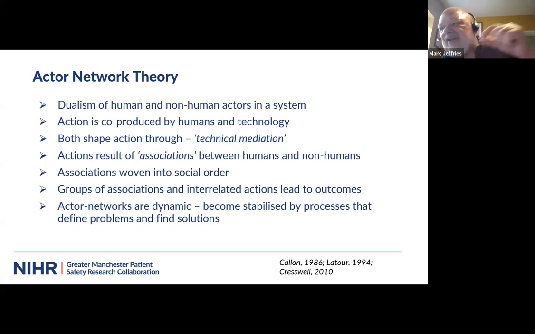That way, the action is not simply a property of human beings, but the combination of human and non-human agents in this system that Latour refers to as associations. And it's the associations and the consequent actions that are woven together in a complex social order, the network, that creates that. And when networks become stable, they can define problems, and they can find solutions from that.